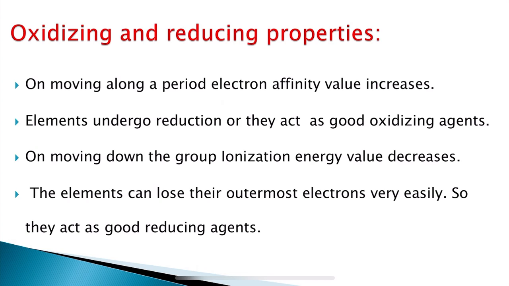In the periodic table, group 17 elements, especially the halogens, are good oxidizing agents. Whereas, on moving down the group, ionization energy value decreases. The elements can lose their outermost electrons very easily, so they act as good reducing agents.